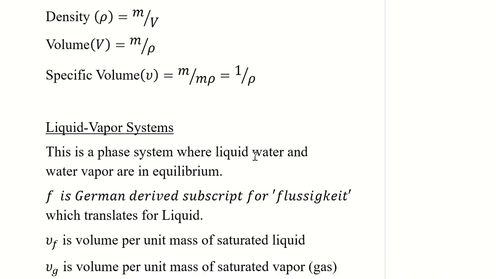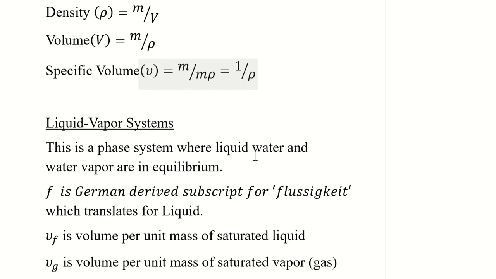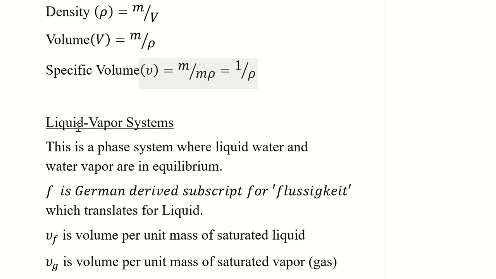So you need to master those formulas and have them in your head. It's quite a simple one. You just have to know that for specific volume you're dividing by mass. Actually, it will work for everything. Every time you hear specific density, specific entropy, specific enthalpy, you just have to divide the property we're defining by mass. So now we have a liquid-vapor system.